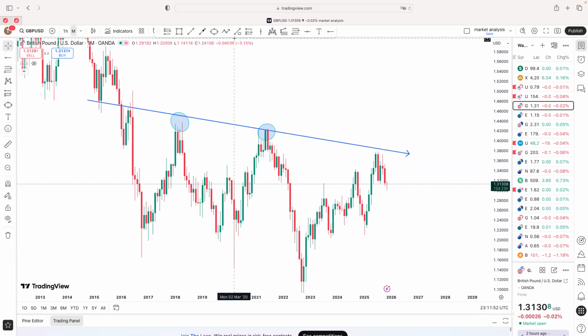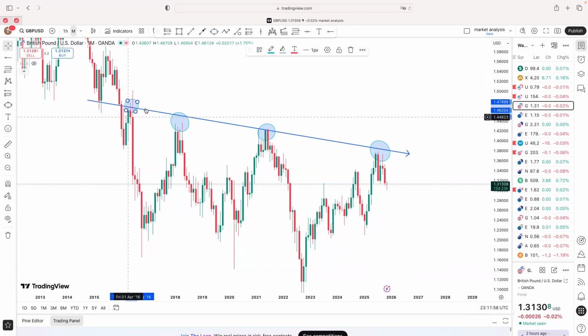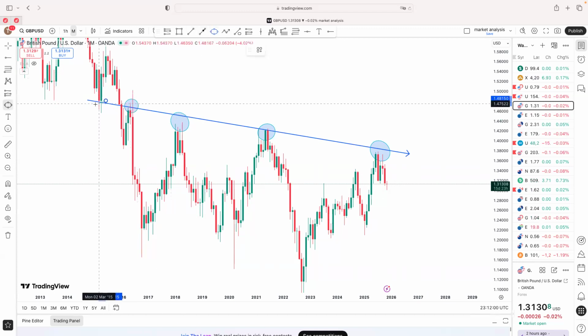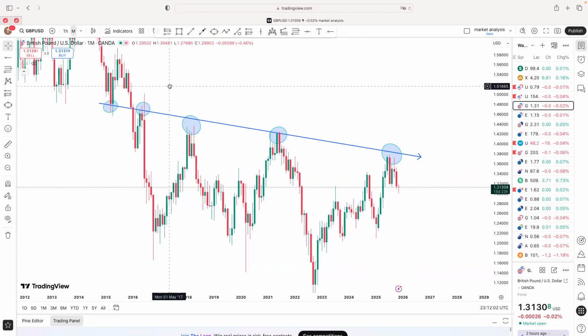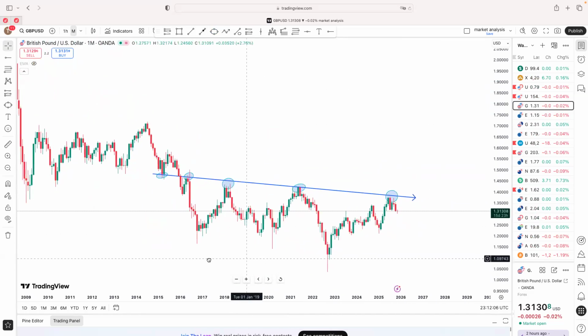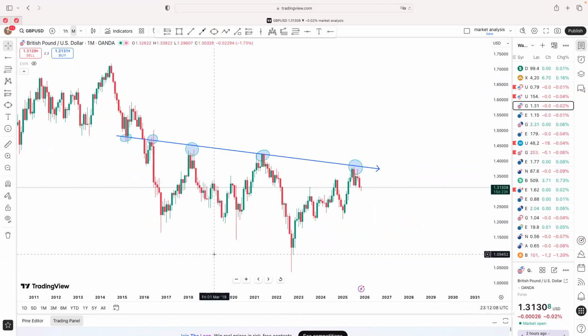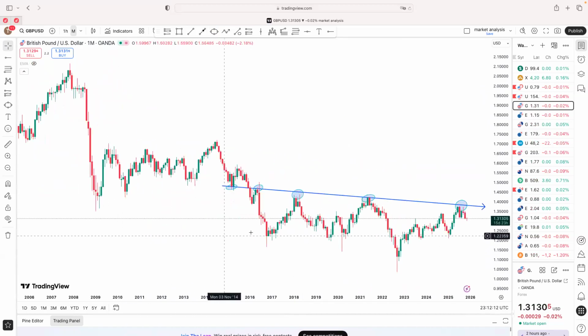At the same time, this is an area of interest because we've had multiple touches, not just one or two, which makes it one of the strongest areas of interest.